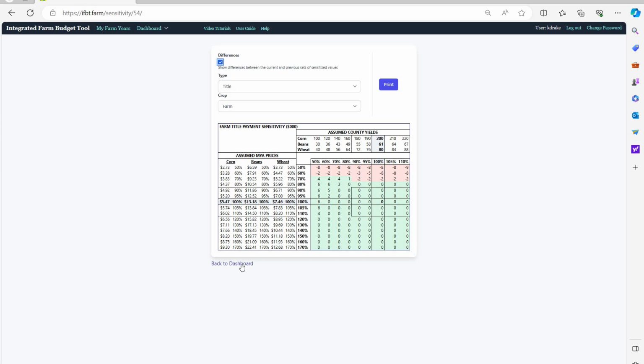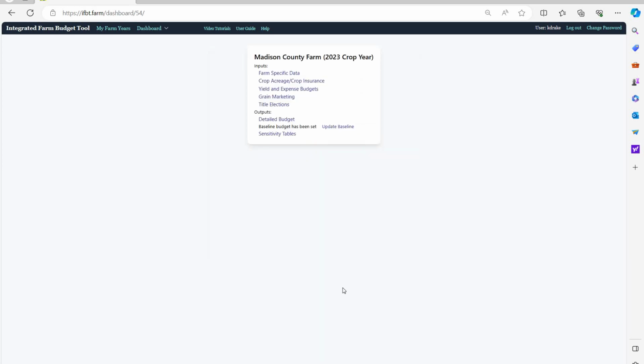Recall in our Madison County farm, we decided to choose a stack of crop insurance, a 75% revenue protection plan with SCO up to 86 and ECO taking us up to 90. Recall that in order to select the SCO part of that stack, we can't elect ARC-CO, we have to elect PLC.